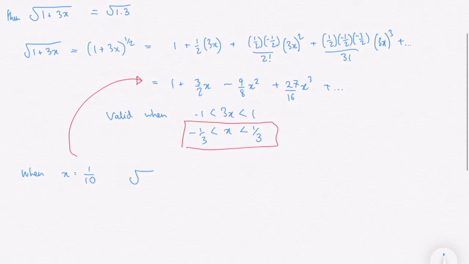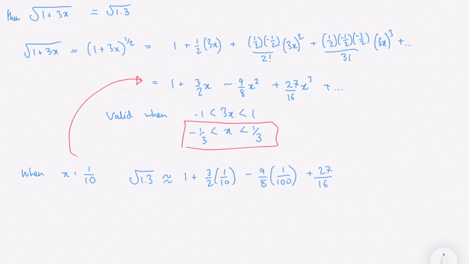the square root of 1.3 is approximately equal to 1 plus 3 over 2 times 1/10, minus 9 over 8 times 1/10 squared, so 100, plus 27 over 16 lots of 1/10 cubed, which is 1,000th, plus some terms here.